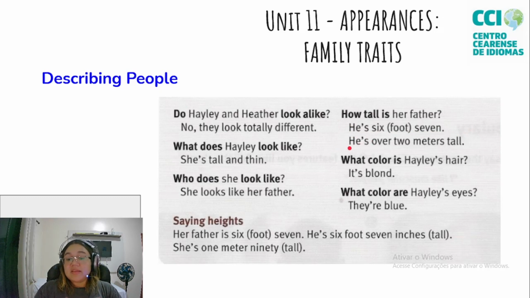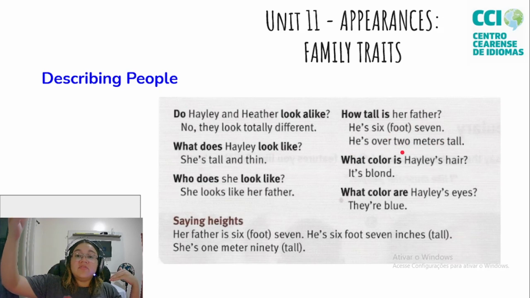Another way we can say is, he is over 2 meters. Over means more than 2 meters tall. This means that her father has more than 2 meters, okay? Here they added the word tall, but you don't have to. You can just say he's over 2 meters.